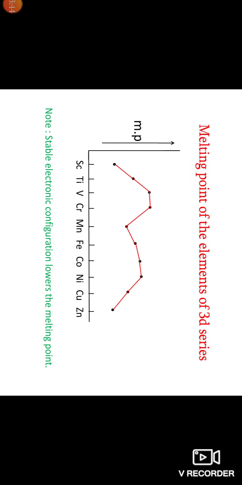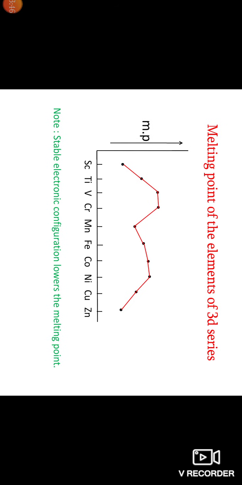Now we shall discuss the melting point of the elements of the 3d series. The first element of the 3d series is scandium and the last one is zinc. You look at the melting point of the elements: at first it increases with the increase of atomic number. It is increasing up to vanadium and chromium.